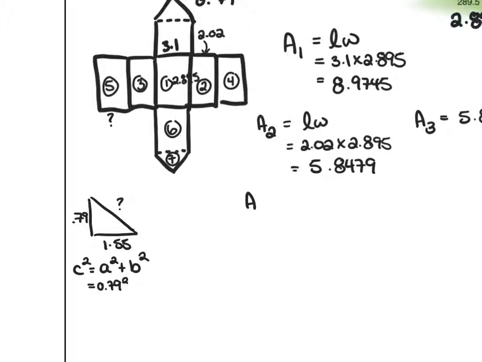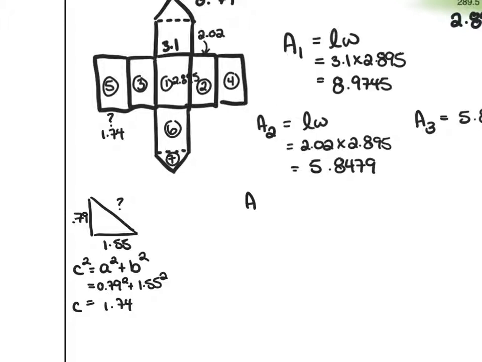So 0.79 squared plus 1.55 squared. And if you figure that out, and we take the square root of it, we get that c is 1.74. So that means that side is 1.74.